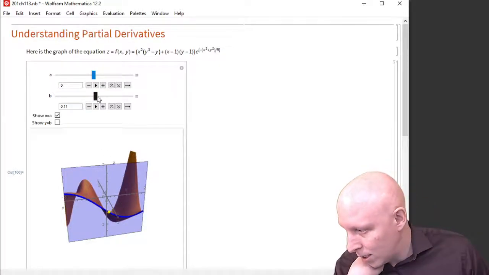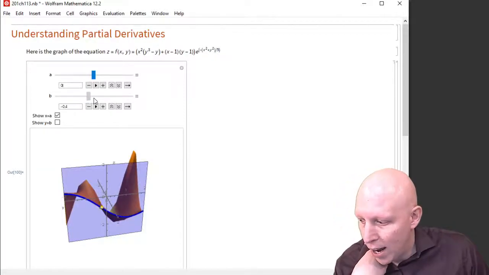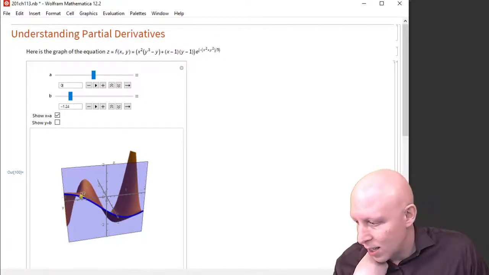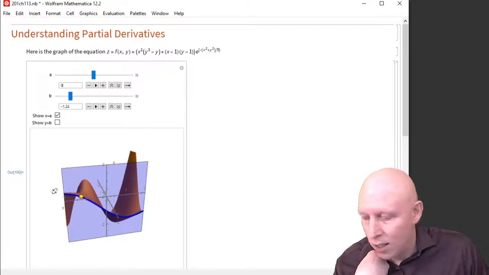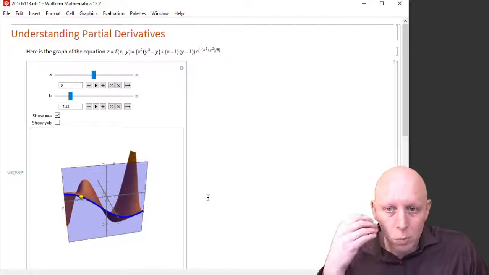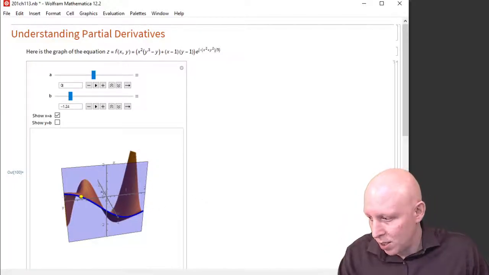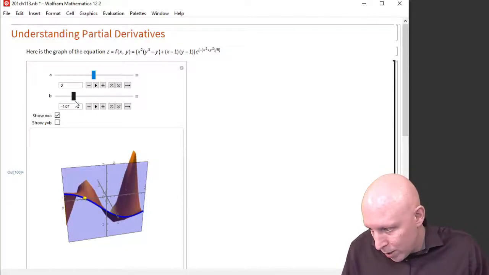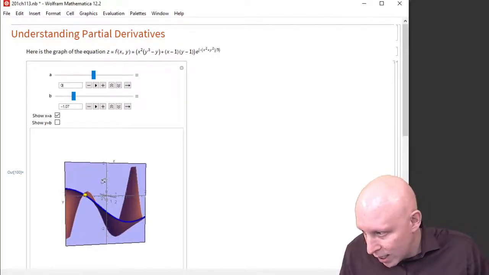when a is equal to 0, what we're doing is looking at how y changes, the slope of this tangent line of the blue curve. The blue curve represents x equal to 0, and we're looking for the slope of the tangent line here.